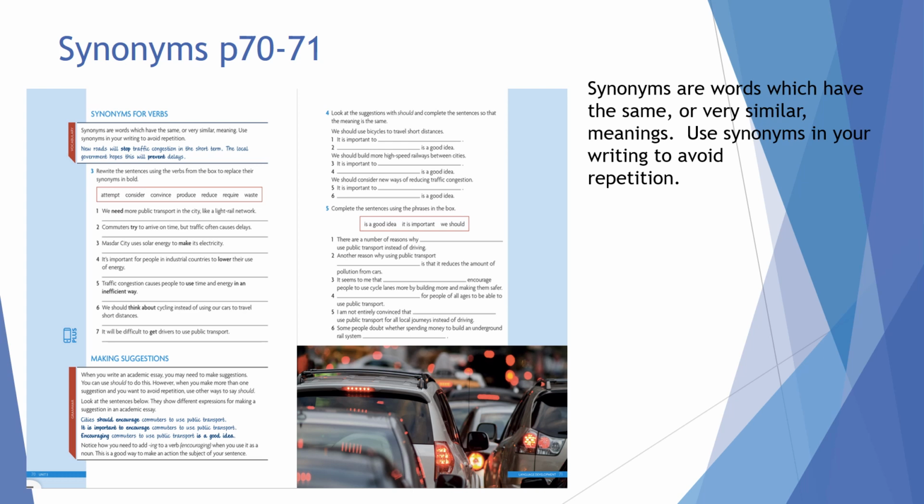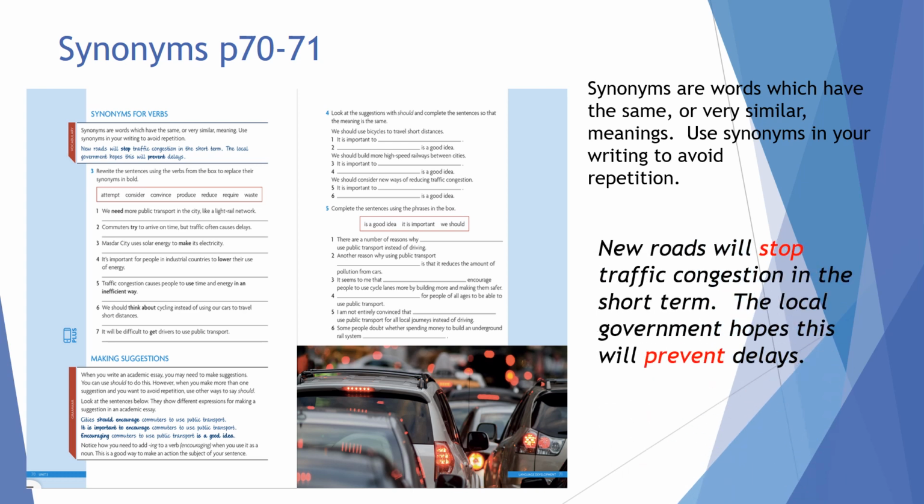You use synonyms in your writing to avoid repetition. Okay, so they are words which have the same or very similar meaning. And let's have a look at the example in the book. New roads will stop traffic congestion in the short term. The local government hopes this will prevent delays.